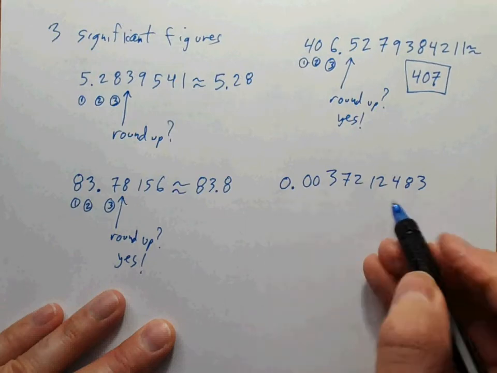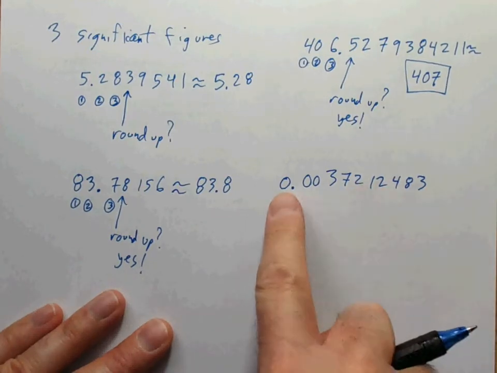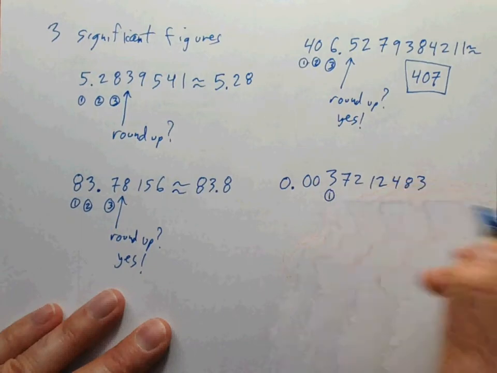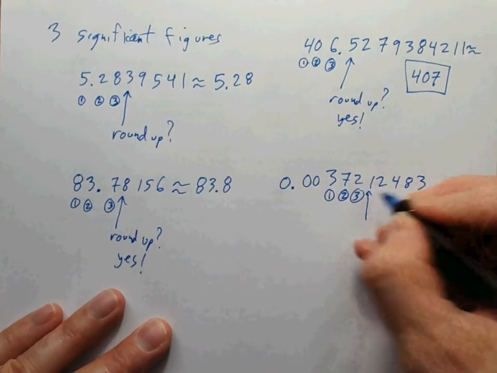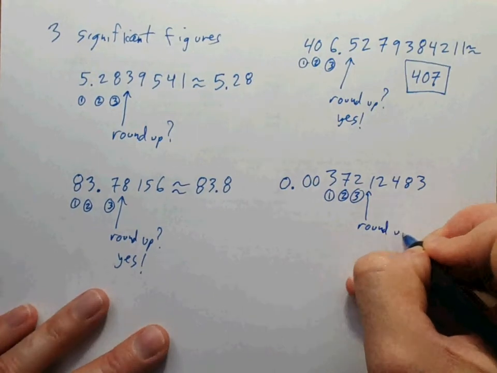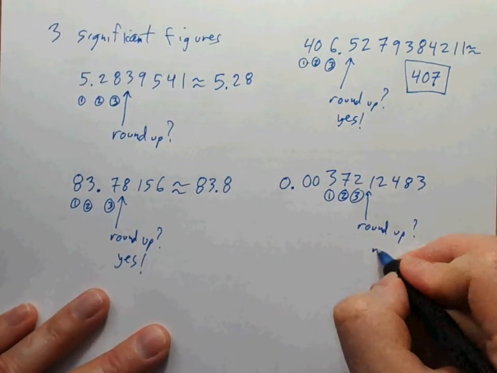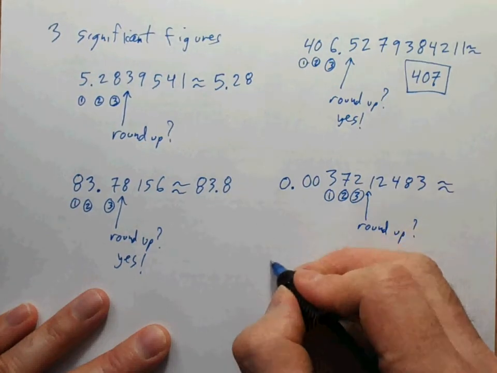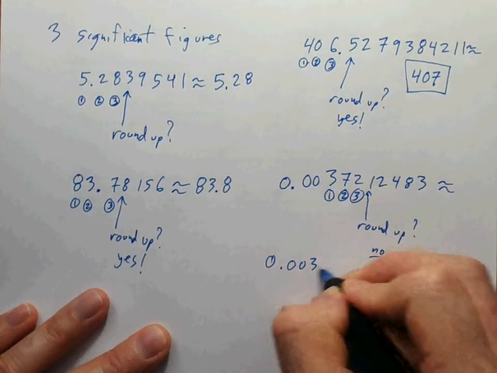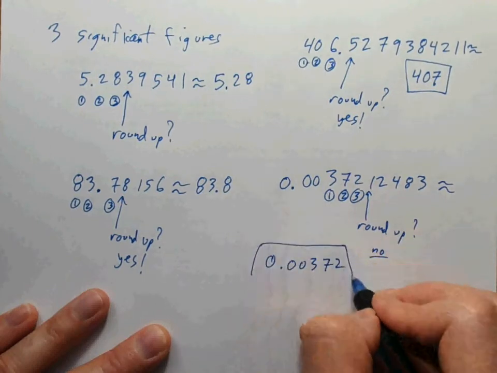That's kind of the idea here. So these aren't significant, so this is my first significant figure, this is my second, this is my third, my fourth. Do I round up? No, I don't, right? So this is approximately equal to 0.00372. Boom.